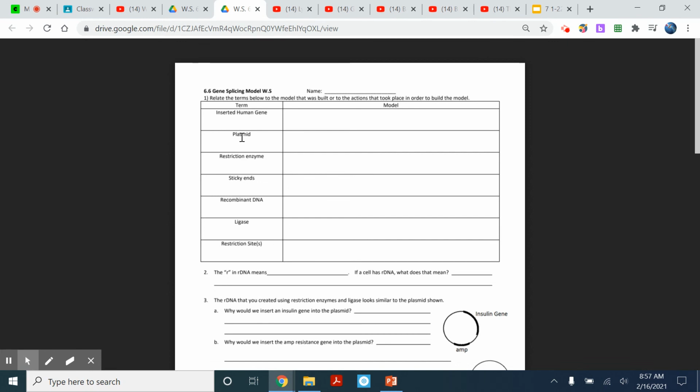Okay, so what's the recombinant DNA? Does anyone want to say what we're writing down for the recombinant DNA? Yep.